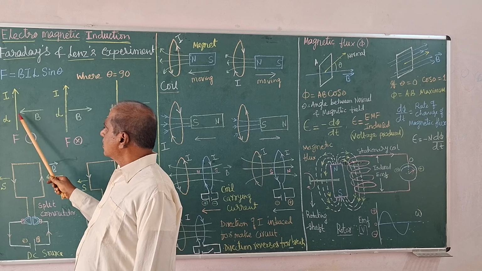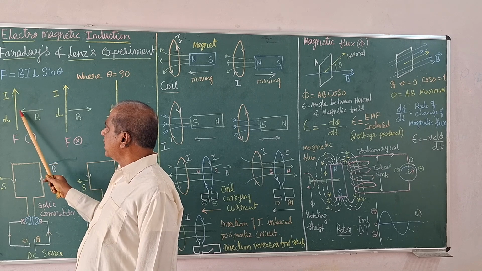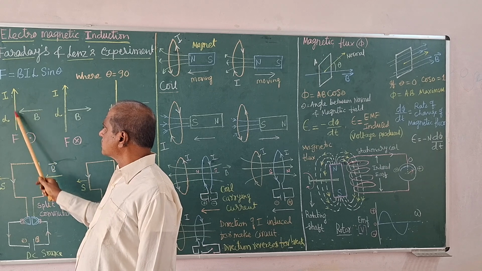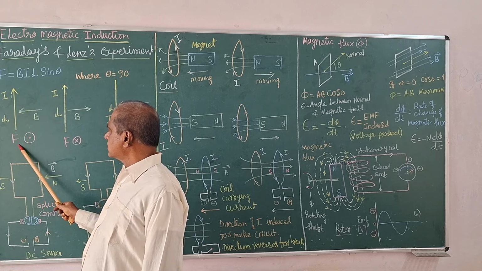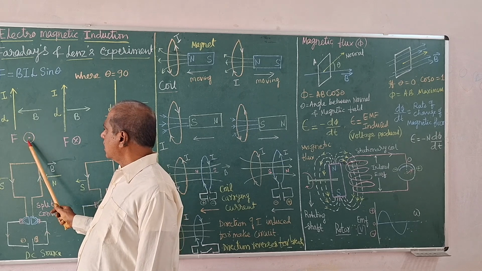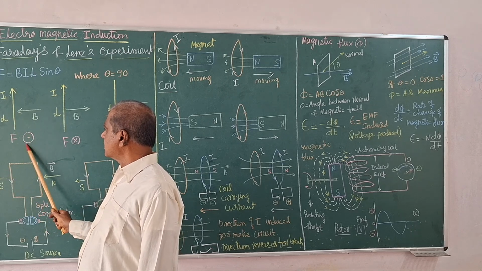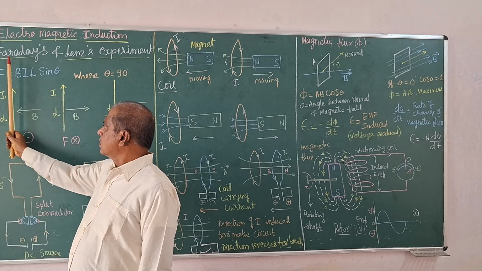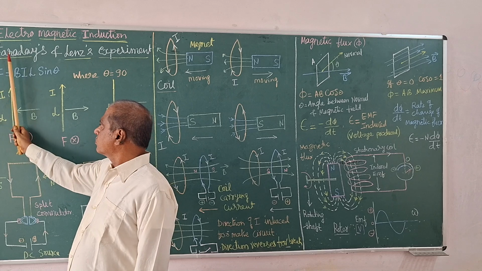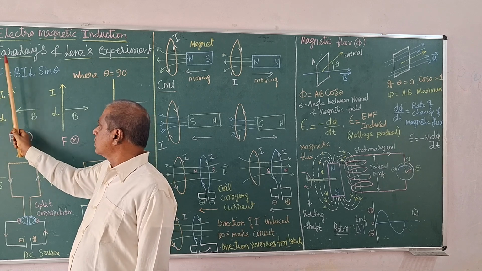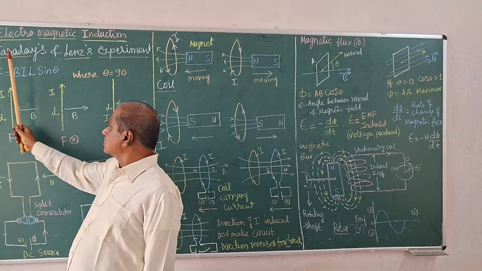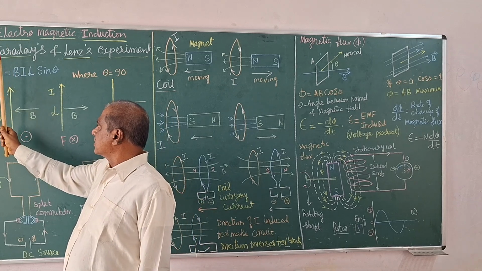These vectors lie in one plane, perpendicular to each other, and the force exerted is perpendicular to that plane. The symbol says outward, so the conductor will move perpendicular to these two, in the outward direction.